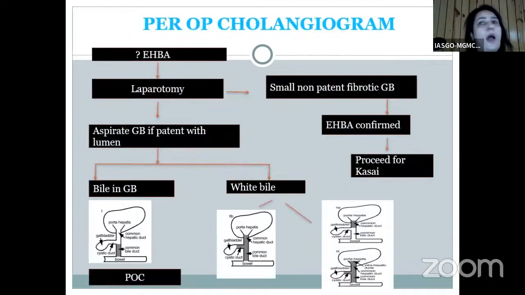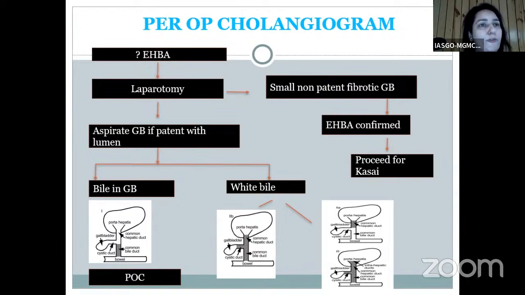So when and how to do the peroperative cholangiogram? You have a suspected patient of EHBA, you have done the workup, you go ahead with the laparotomy. If you find a small non-patent fibrotic gallbladder, EHBA is confirmed and you proceed with the definitive surgery.